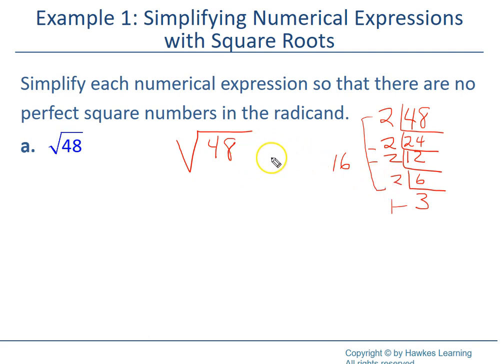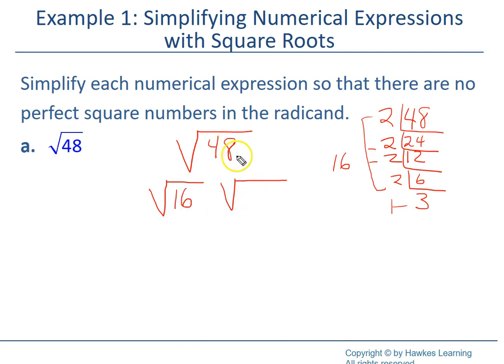So the strategy I strongly recommend, you have to simplify something like this: make 2 radical signs. Now, under this first radical sign, you're going to put the largest perfect square factor of this, which is 16.